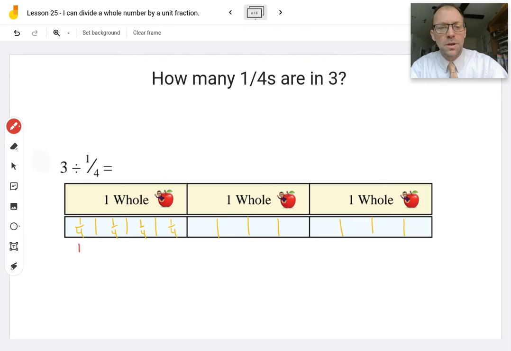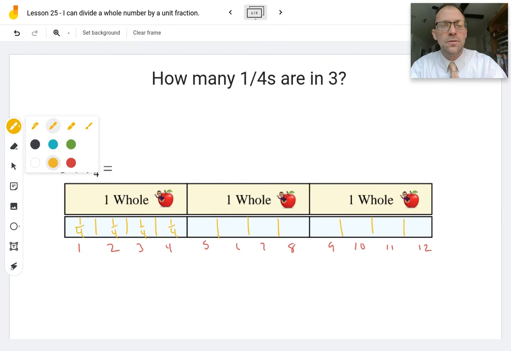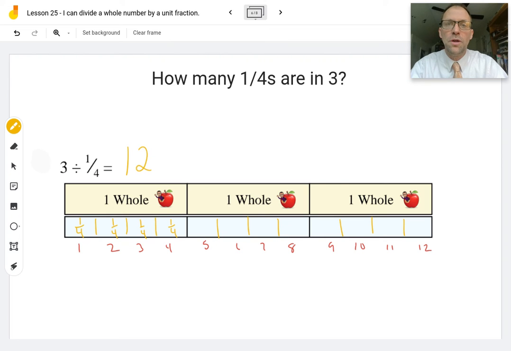We have 1, 2, 3, 4, 5, 6, 7, 8, 9, 10, 11, 12 fourths. So the answer, or the quotient, to 3 divided by 1/4 equals 12. There are 12 1/4 in 3.